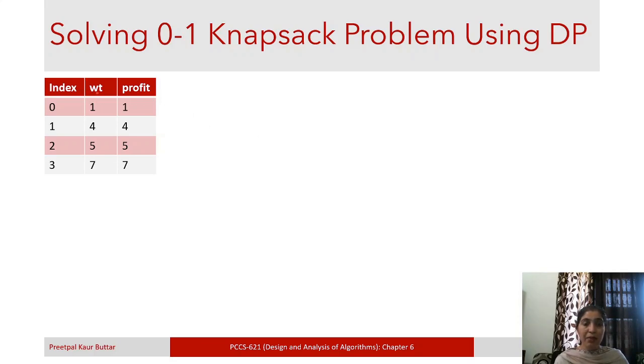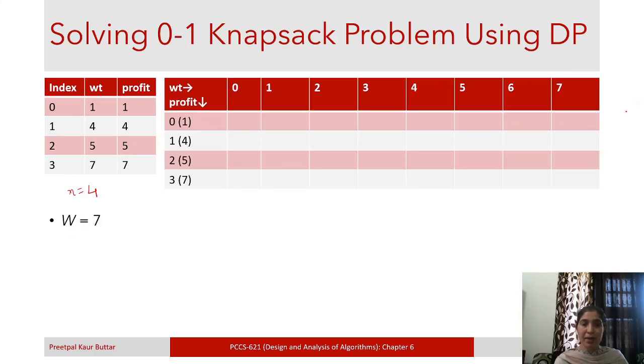Here we have the weights and the profits of 4 items. Okay, so we have n equal to 4 here. We have 4 items. We have weights and profits of each of the items. Okay, and these are the indices of the items starting at 0. And capital W, that is the capacity of the knapsack, is 7.